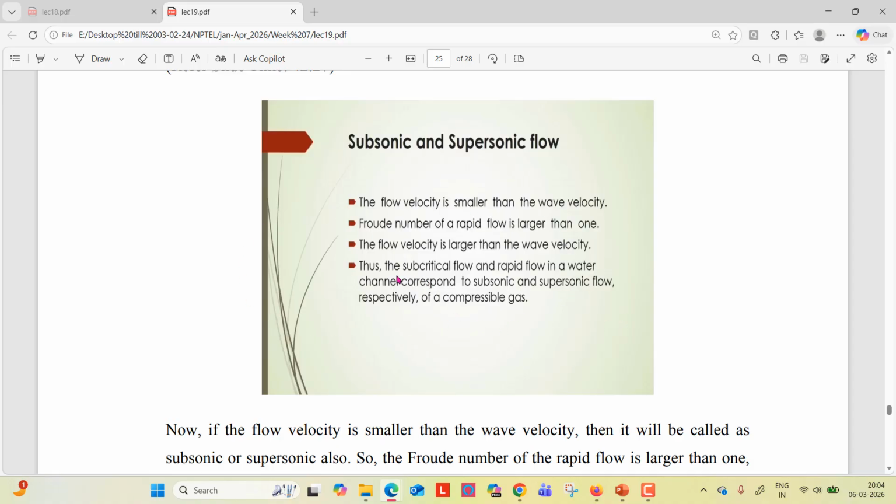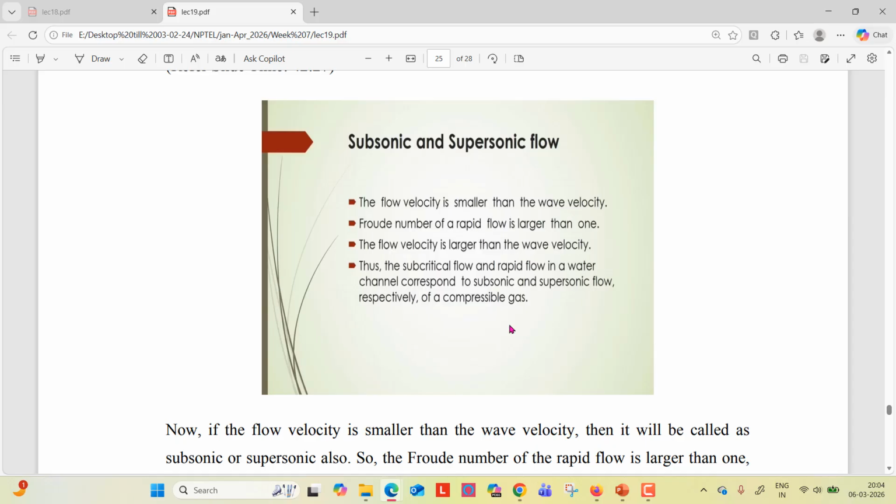The subcritical flow and rapid flow in a water channel correspond to the subsonic flow, and supersonic flow corresponds to the supercritical flow. We call it subsonic or supersonic when the fluid is a compressible gas.